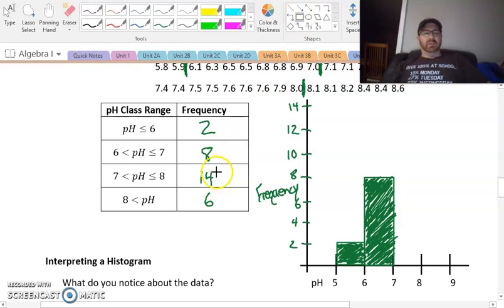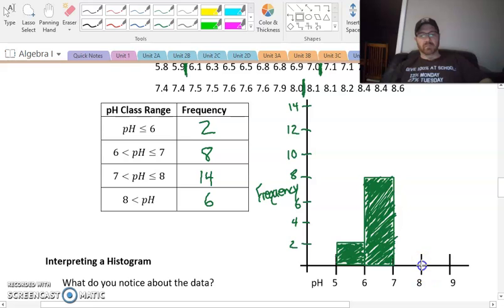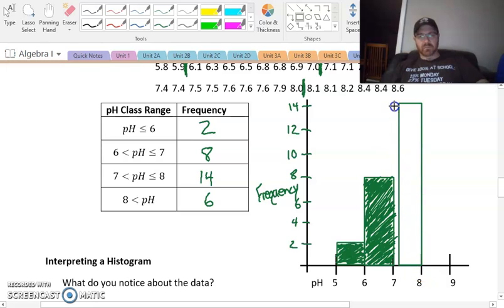I keep going here with my histogram. There are 14 in this class between 7 and 8. Let me try that again. There we go.